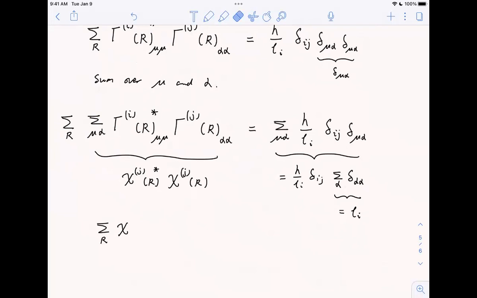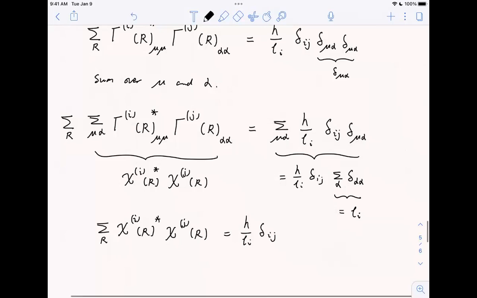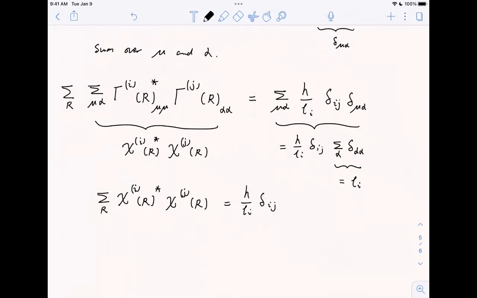Sorry, this is I. This is I. So I, and then J, and then this is H over Li, and then delta I. Okay, so this is the orthogonality theorem for the character.